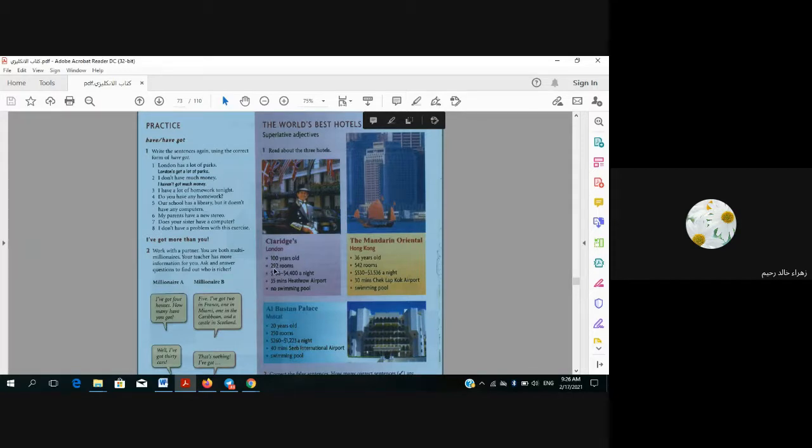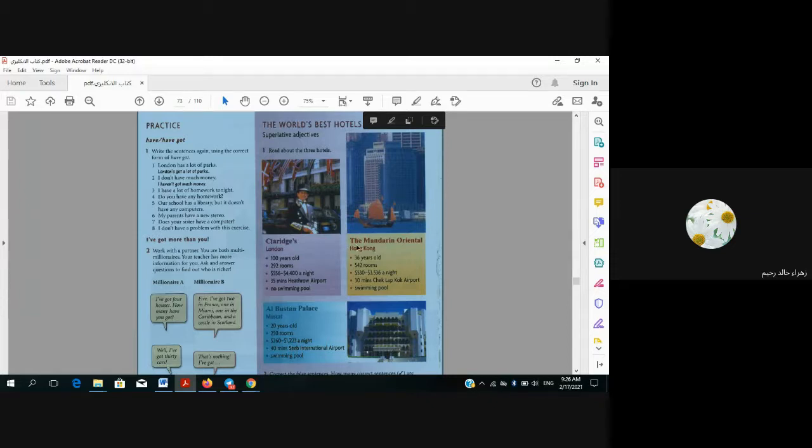It has 292 rooms, and a night costs 556 to 4,400 pounds, and 35 minutes to Heathrow Airport, and no swimming pool. There is no swimming pool in this hotel.